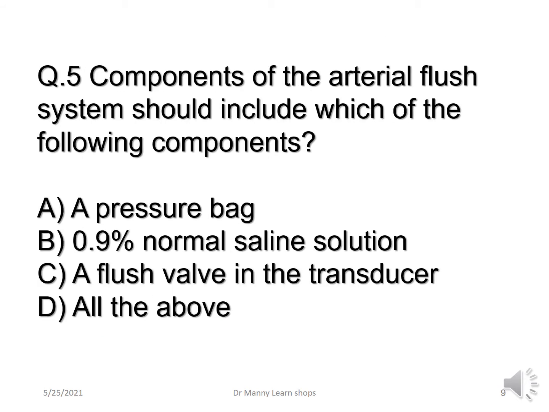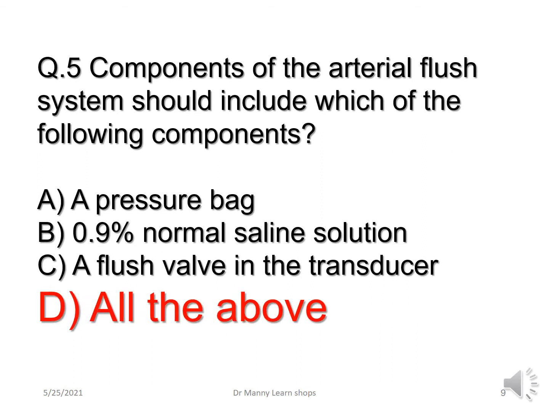The components of an arterial flush system should include which of the following: a pressure bag, normal saline solution, a flush valve in the transducer, or is it all of the above? The correct answer is all of the above.